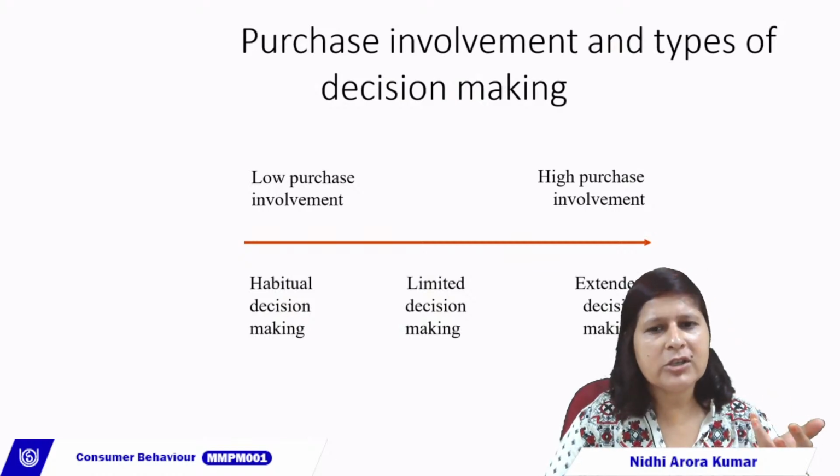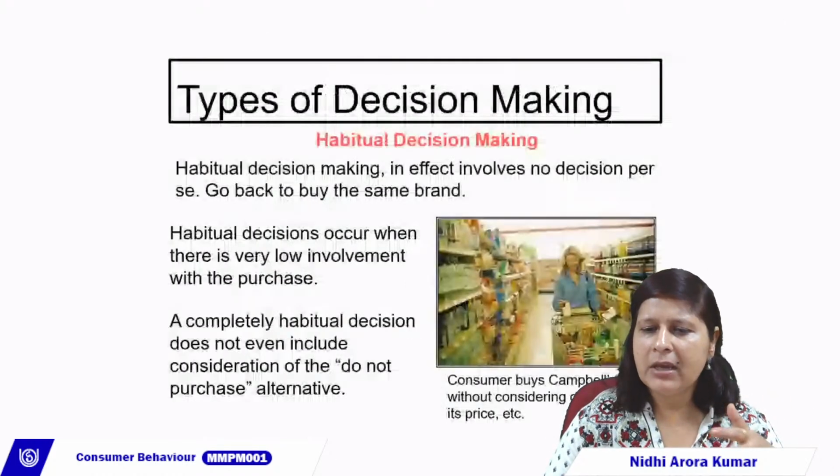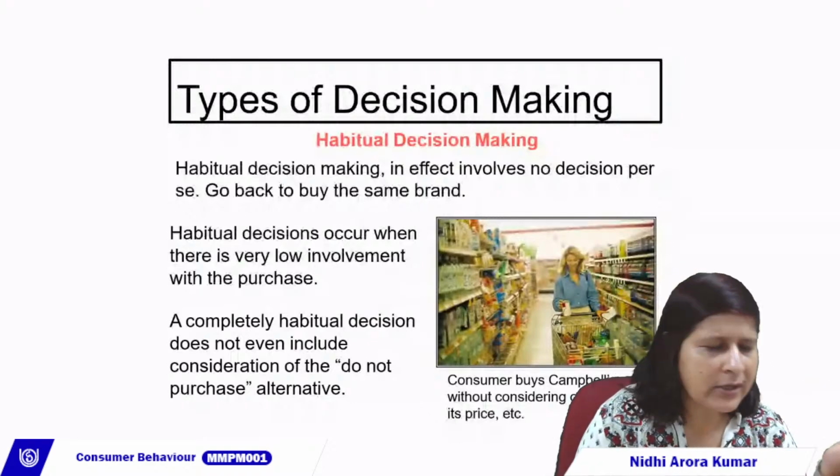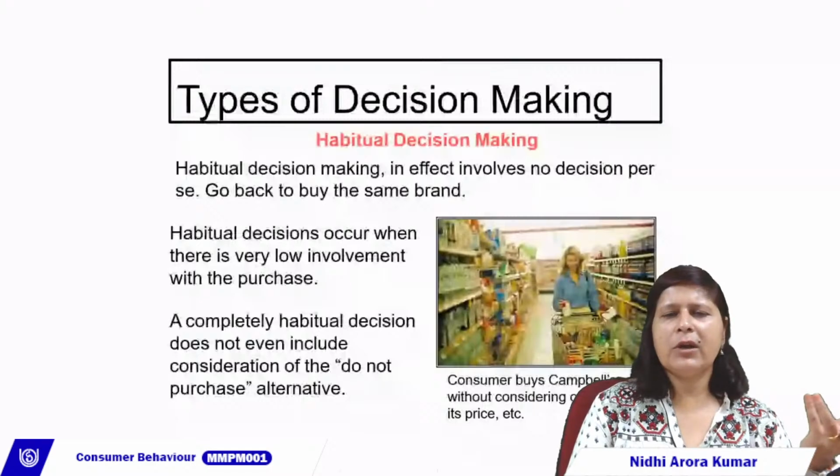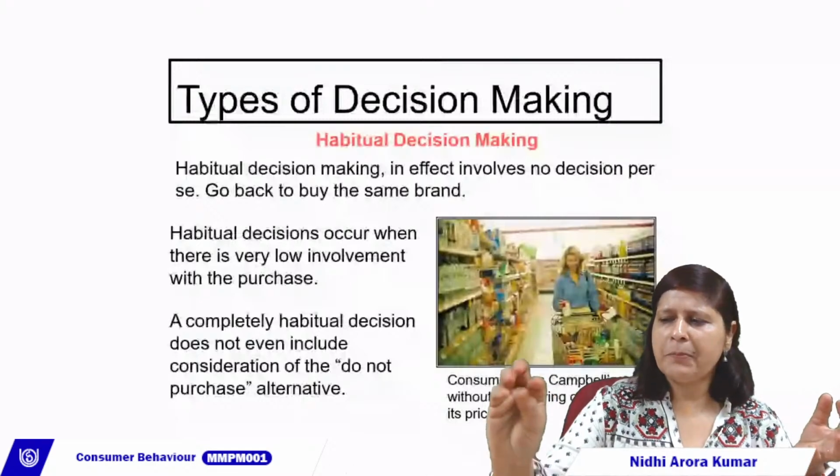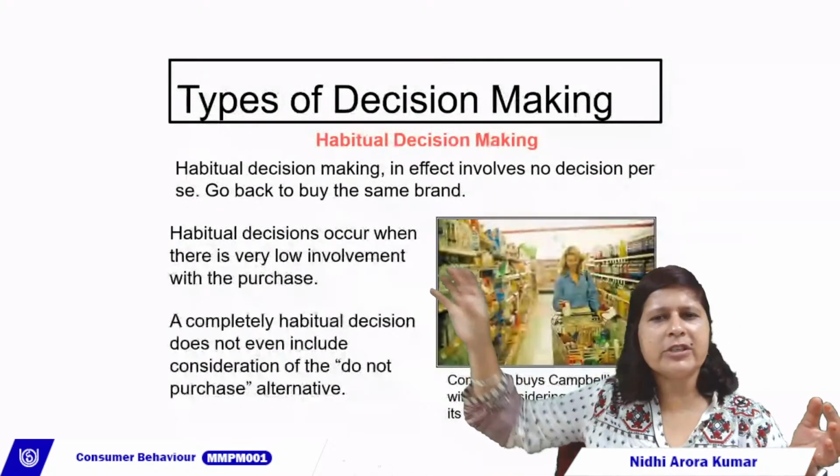What is habitual decision making? Habitual decision making in effect involves no decision per se. You go back and buy the same brand. We are habitual to purchase the same kind of product of the same brand.